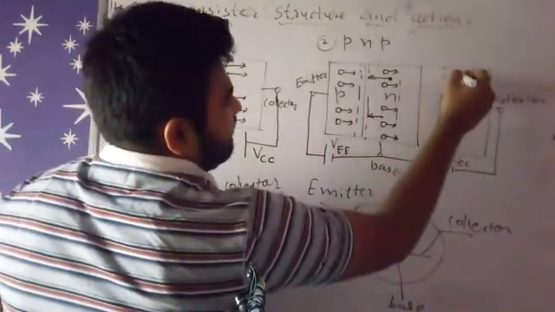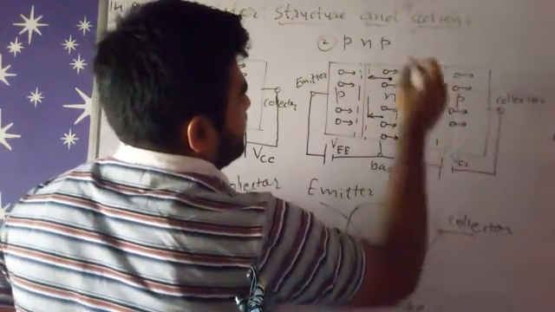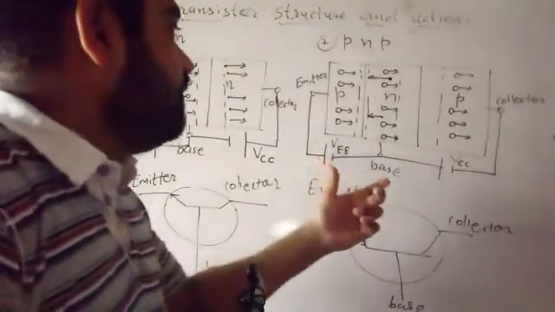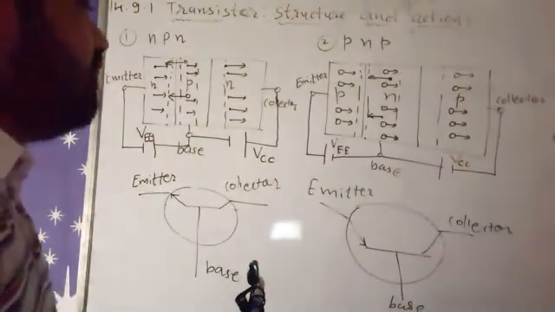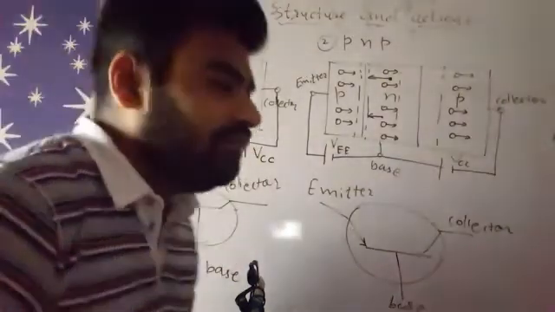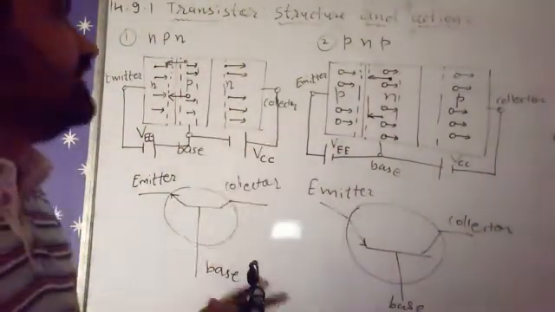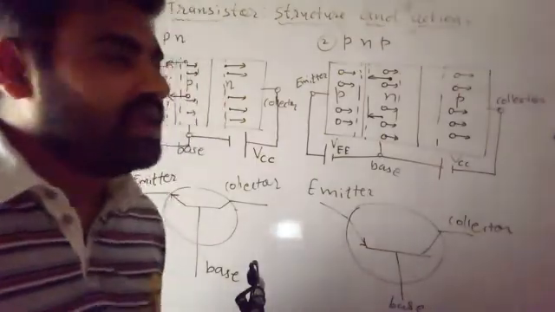Again, here we have holes which are moving further. So we can say that in a PNP transistor we get current because of holes, and in an NPN transistor we get current because of electrons. Because of this biasing we are getting current. So that is the NPN transistor and the PNP transistor.